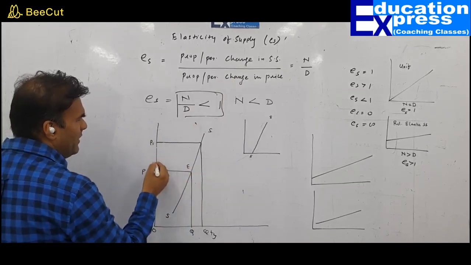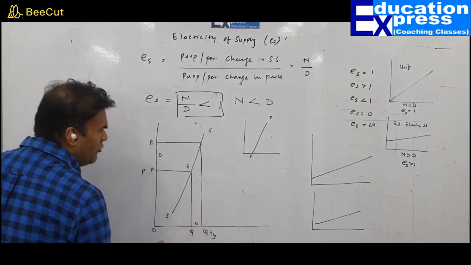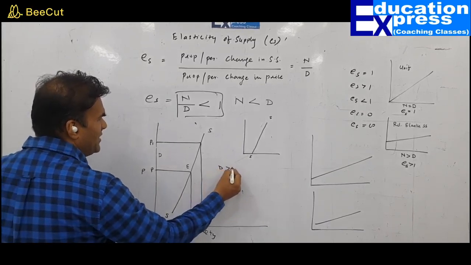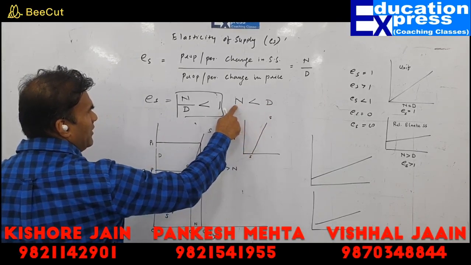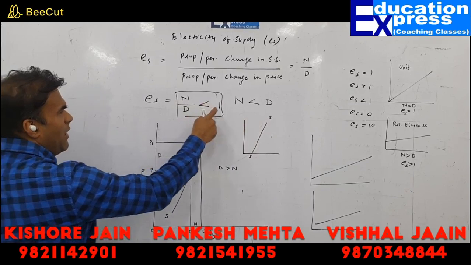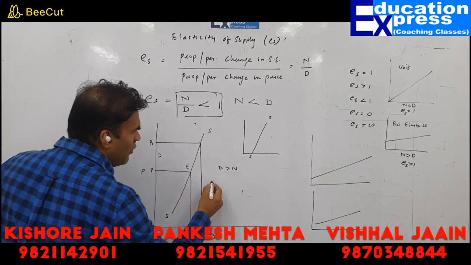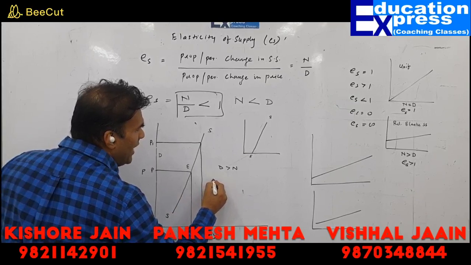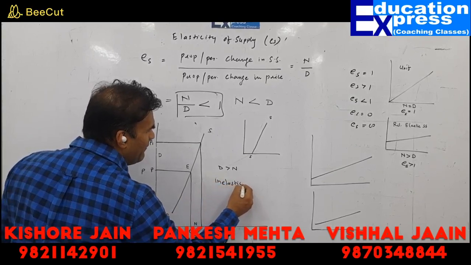This is reflected by the denominator, and this is reflected by the numerator. So my denominator is greater than my numerator. In that case, the value of elasticity of supply would be less than 1. That means this is a case of relatively inelastic supply.